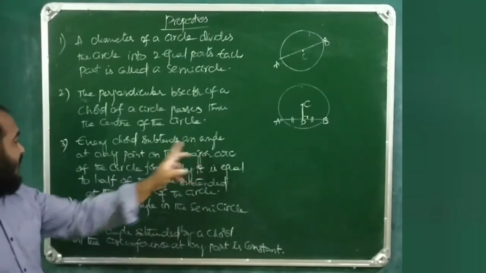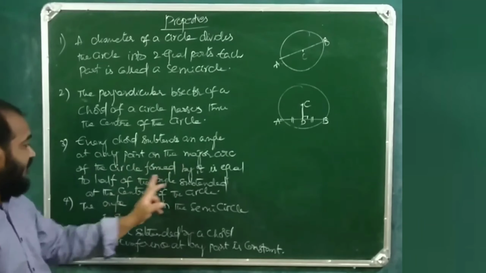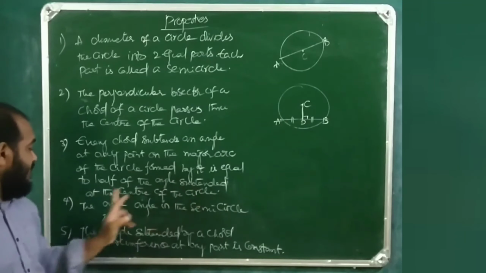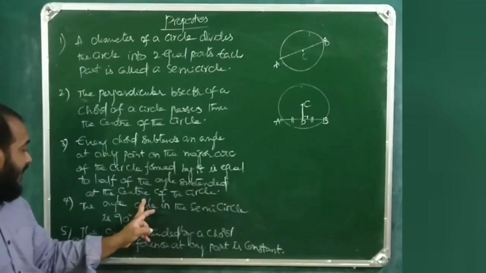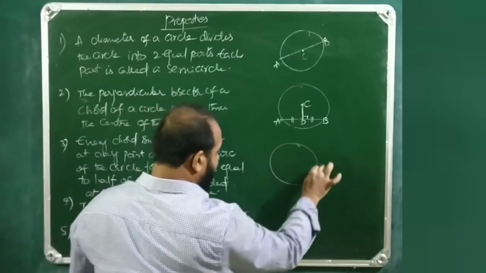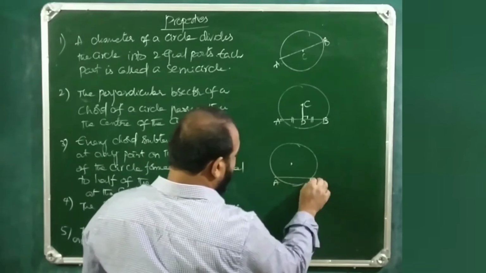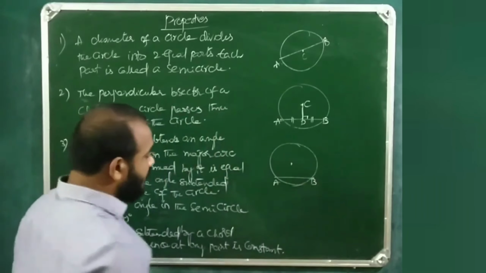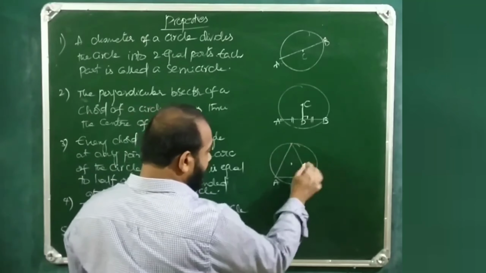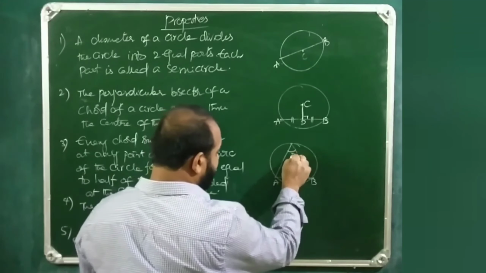Every chord subtends an angle at any point on the major arc of a circle, which is equal to half of the angle subtended at the center of the circle. So let us suppose that this is the circle and this is the chord AB. Suppose this chord AB subtends an angle of 30 degrees.